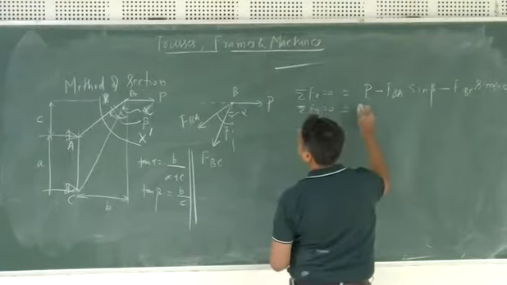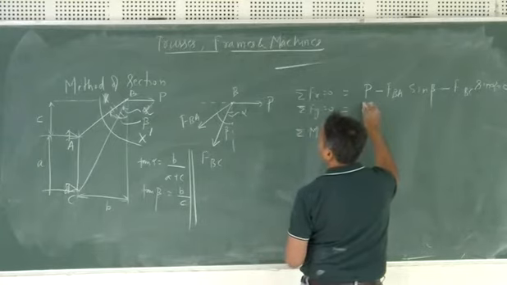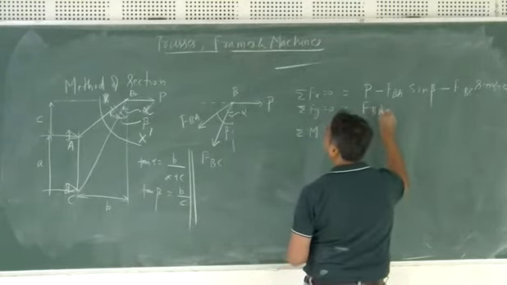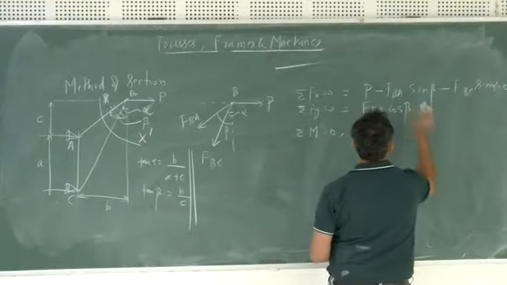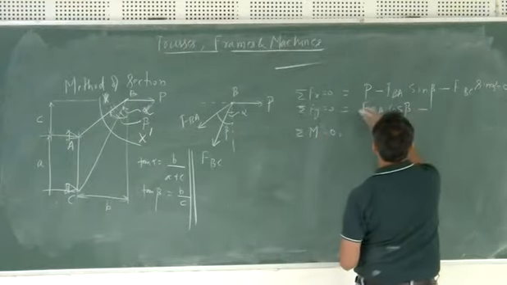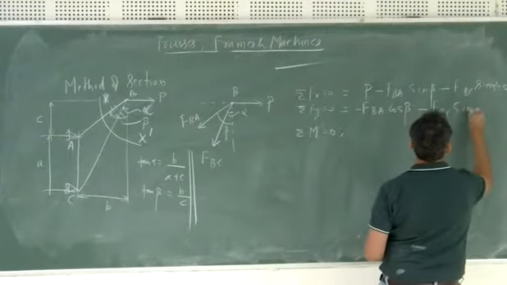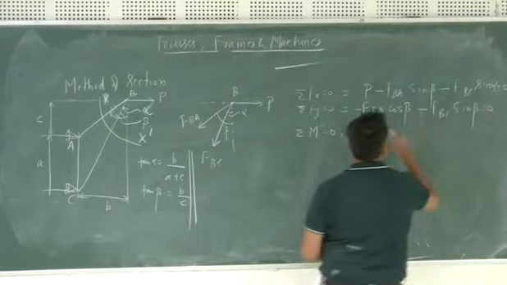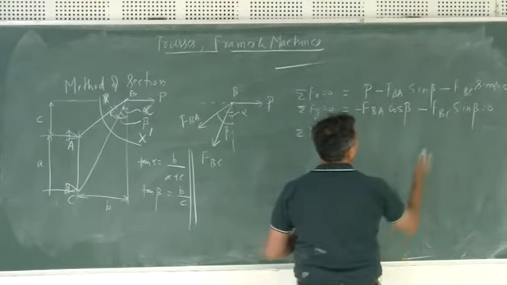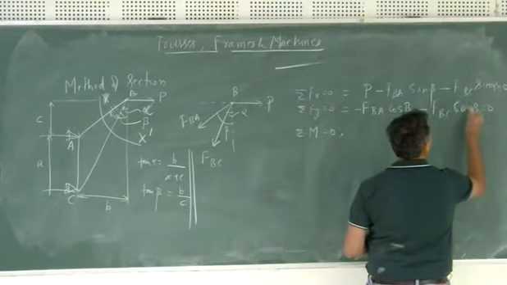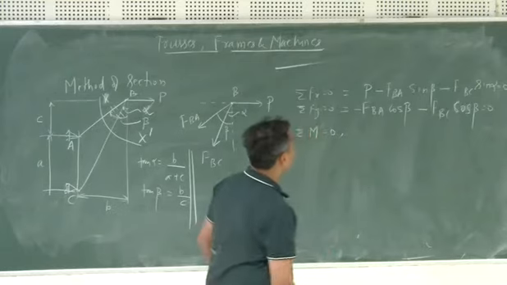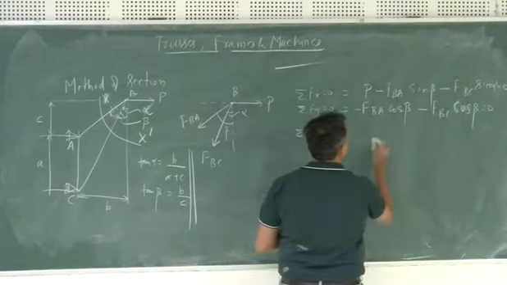Similarly, Fy can be written as FBA cos beta minus FBC. From here you can find out one in terms of the other.